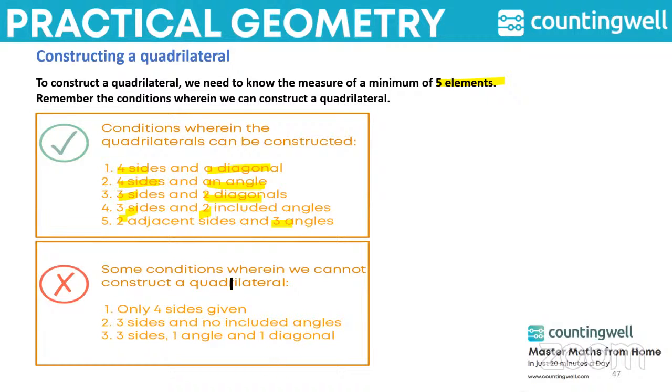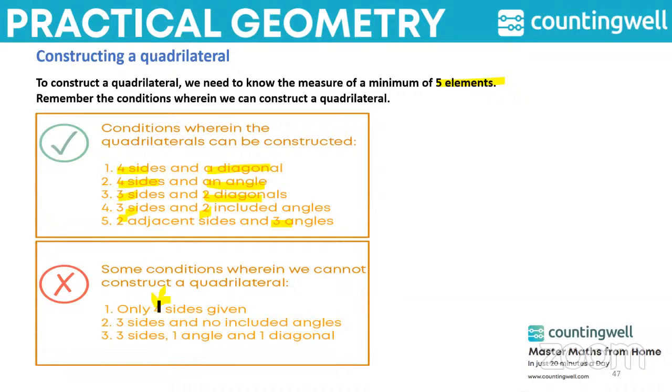Let us see some conditions wherein we cannot construct a quadrilateral. When only 4 sides are given and we don't have any knowledge about the angles. The exception here is a square. A square is also a quadrilateral and we know the measure of each angle is 90 degrees.